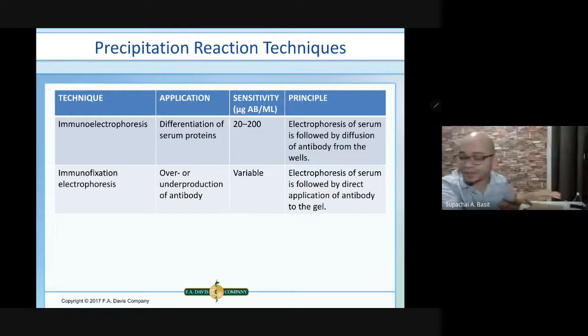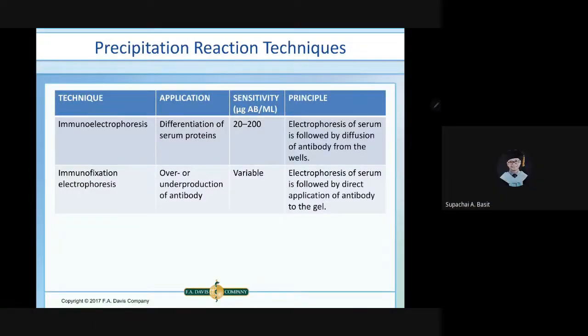Anything that involves electrophoresis is considered the most accurate. So here, the application of immunoelectrophoresis and immunofixation electrophoresis. Immunoelectrophoresis is used for the differentiation of serum proteins. Immunofixation electrophoresis is used for over or under production of antibody.